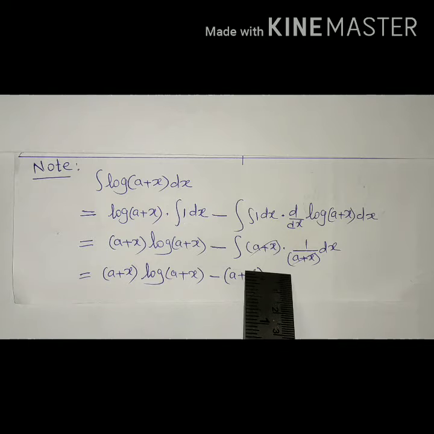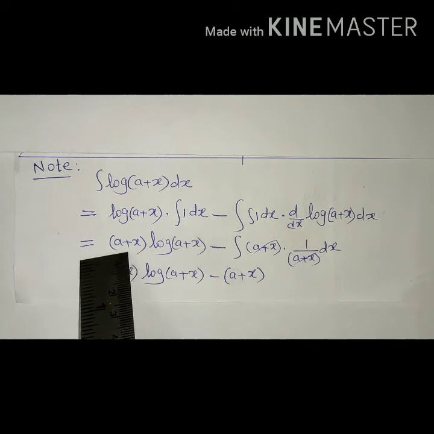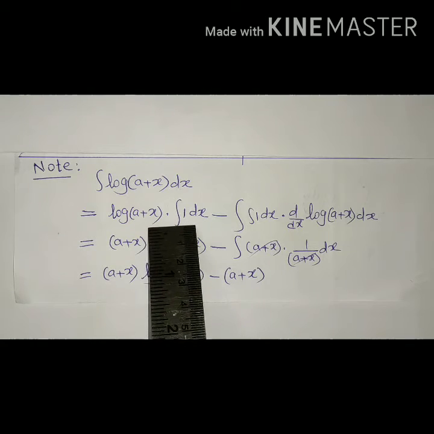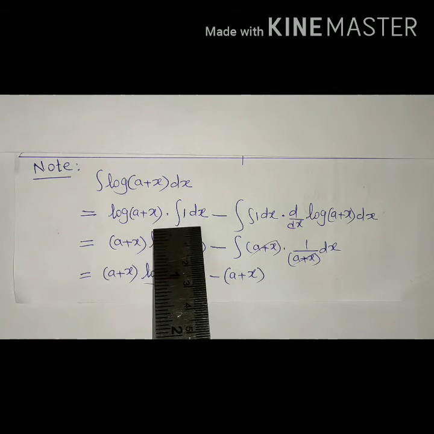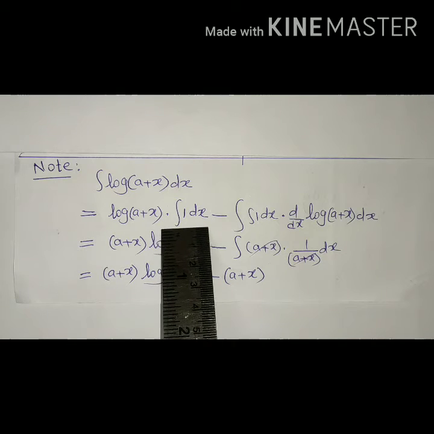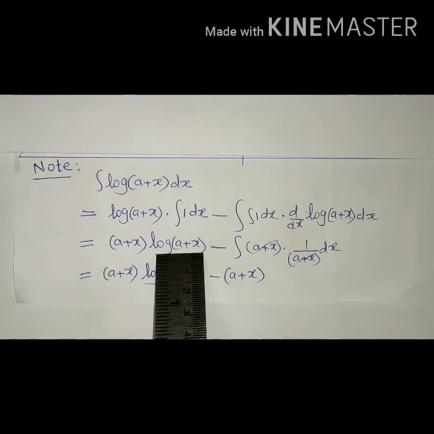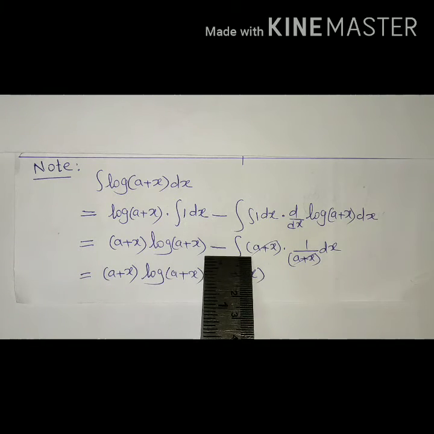So what we will do is, integration of 1 we will write in terms of a plus x, not only x, but we will write it as a plus x, because if you differentiate a plus x, what is going to happen? Derivative of a is 0, derivative of x is 1, so you are getting back 1 here. So instead of writing the integration of 1 as x, we write integration of 1 as a plus x as per our requirement. So what has happened? A plus x times log of a plus x minus integration.